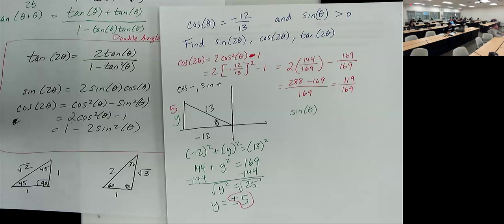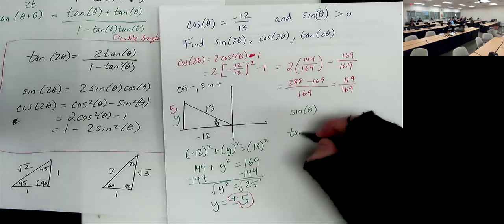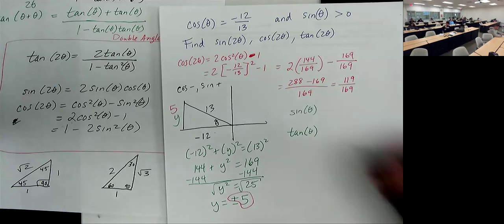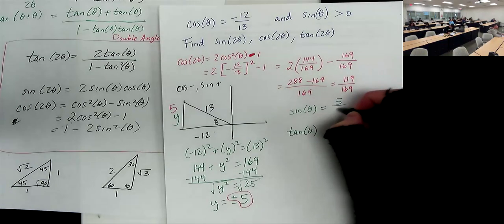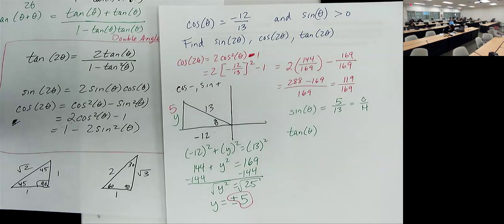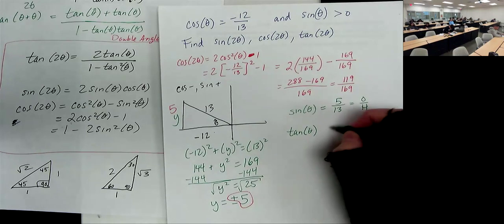But now I should be able to get sine theta and tangent theta directly from it. Sine theta is what? 5/13, opposite over hypotenuse. What is tangent theta?